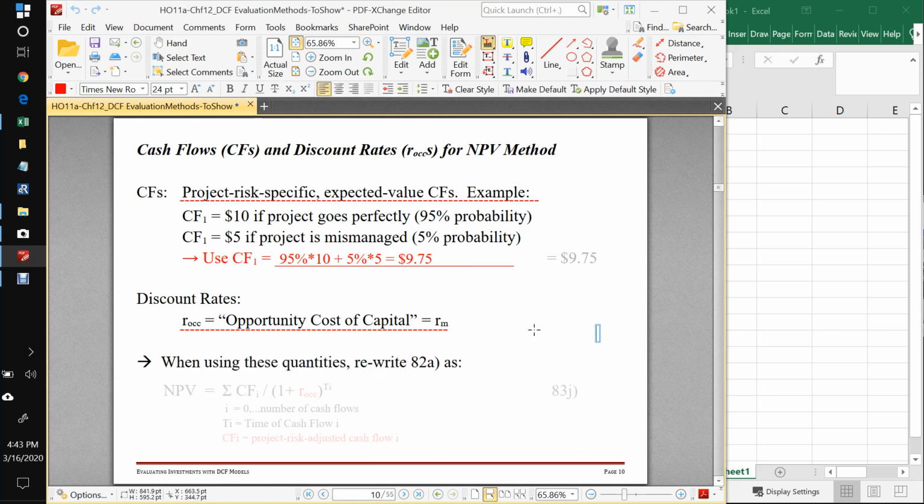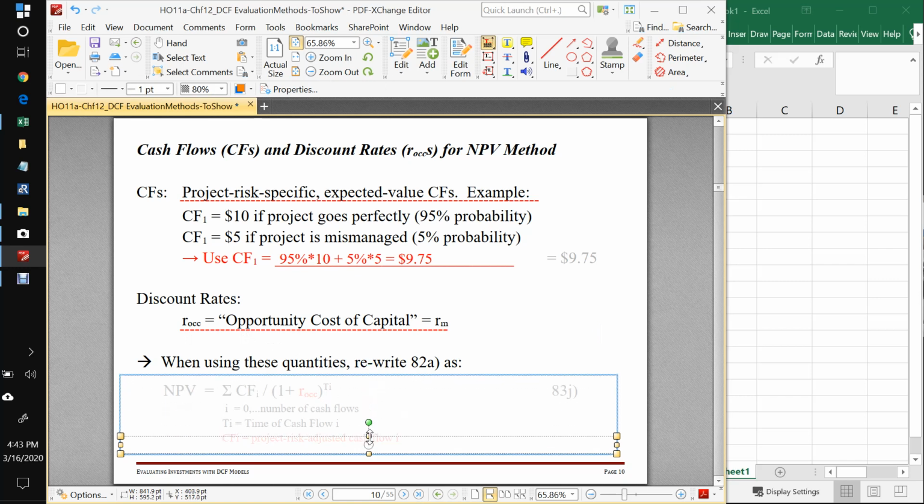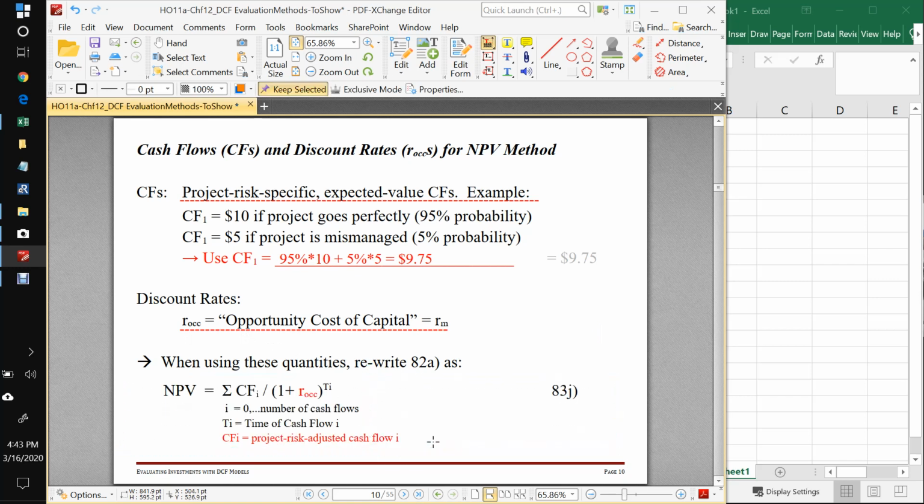So now that we know the quantities to use here, our project risk specific expected value cash flows, and our opportunity cost of capital for our discount rate, we can rewrite the NPV equation like this, where now the cash flows here are our project risk adjusted cash flows, and instead of putting a generic discount rate R in there, let's go ahead and put in ROCC for opportunity cost of capital.